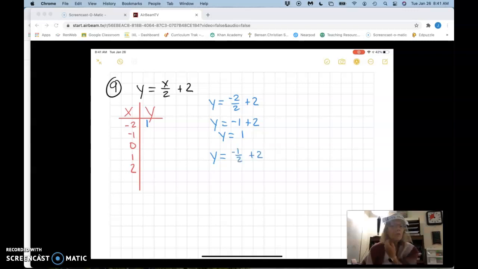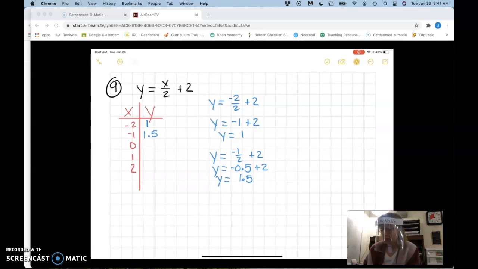So remember, when you get a fraction, you can just use your calculator, divide it out, and use a decimal in its place, which would be -0.5 plus 2, which is going to equal 1.5. Okay? And we can graph that, just graph it halfway between the 1 and the 2.